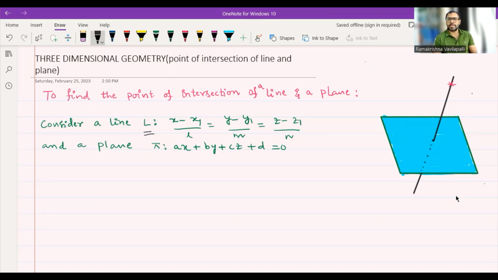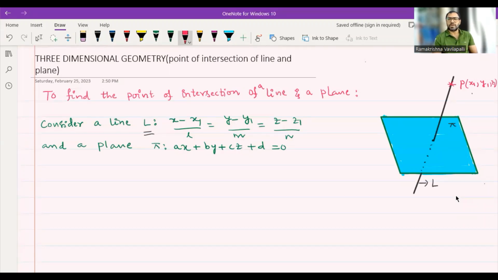This is the plane phi and the line L. The line passes through the point (x1, y1, z1).